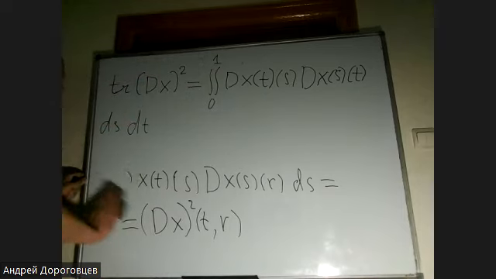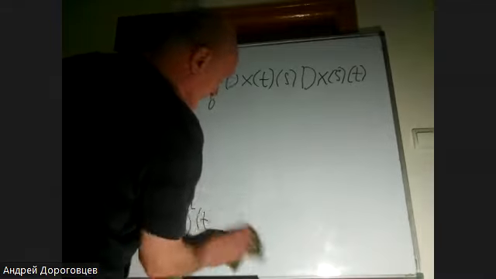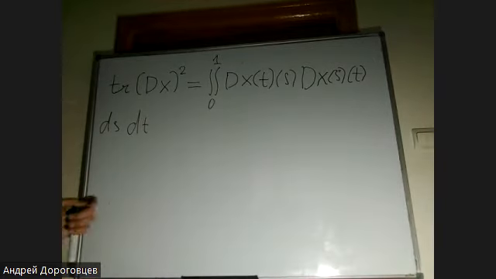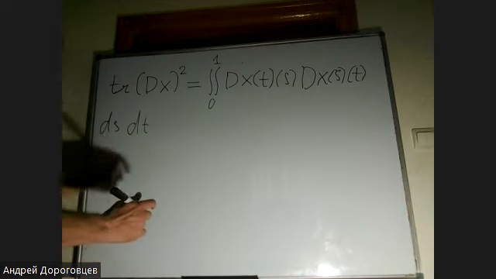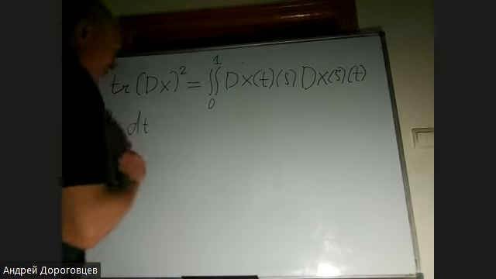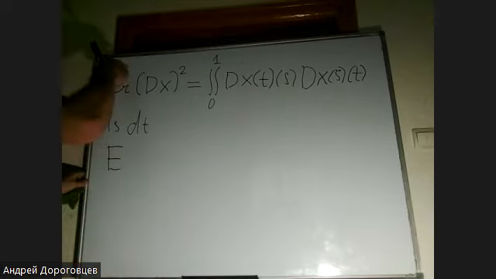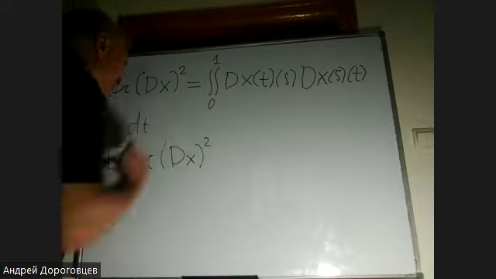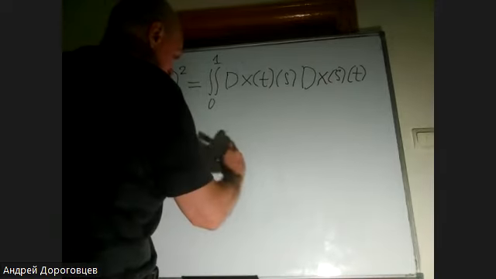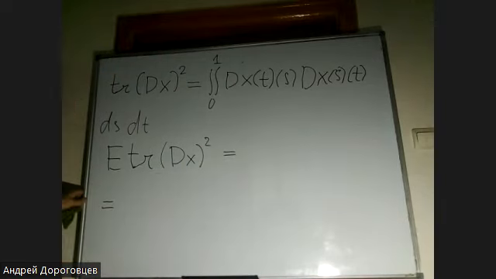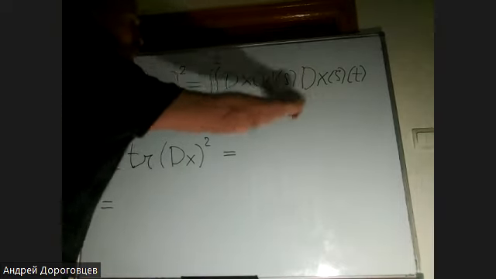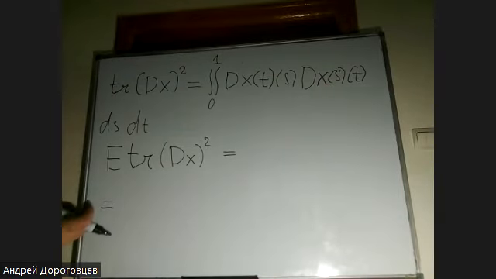Yeah? It's also easy, because this random kernel has a representation as a multiple integral from the kernel A. So in terms of kernel A, one can say that the expectation of this trace of dx squared is equal to, here we will have a product of two multiple integrals of the same multiplicity n minus 1.